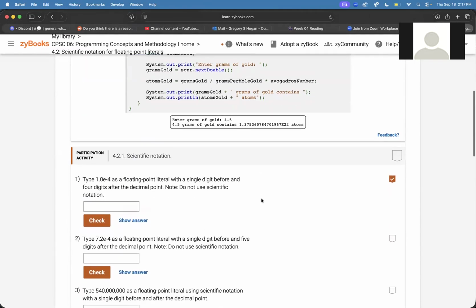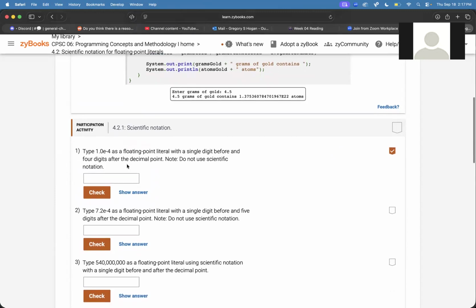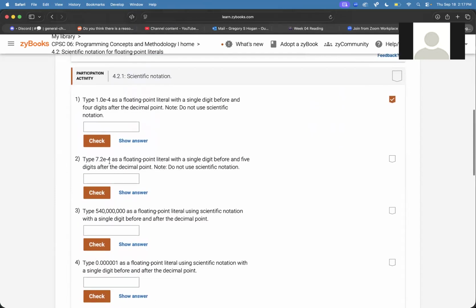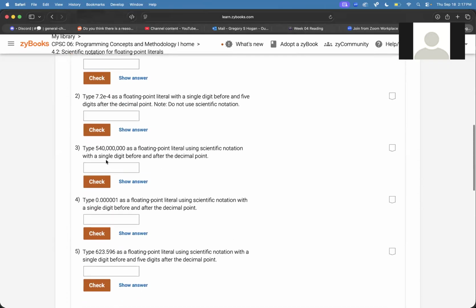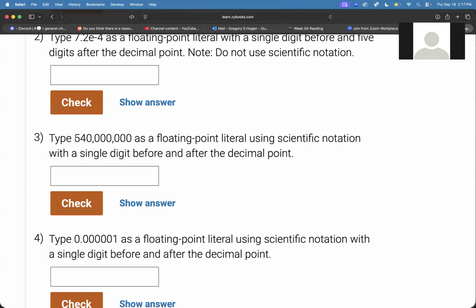This is scientific notation. Scientific notation is a math thing. I'm not going to talk about it a lot, but how would I type this number as scientific notation in Java? Well, in scientific notation, you always write 1 digit to the left of the decimal point, right? So this would be like 5.4.